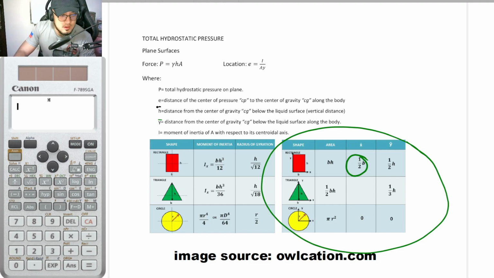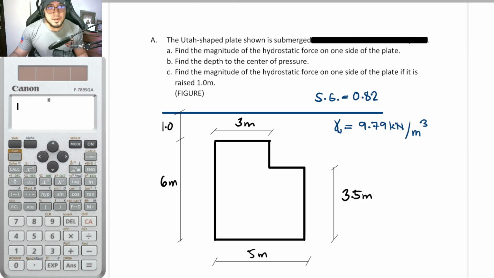Okay, so for our first sample problem, the Utah-shaped plate shown is submerged. I have erased this part because I said here that it is submerged in water. However, I have modified this problem in such a way that it is not water, and I have introduced oil.